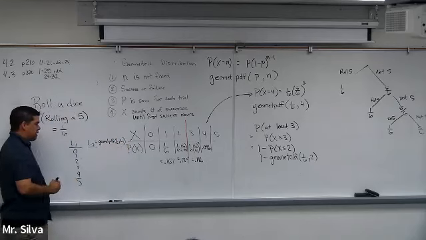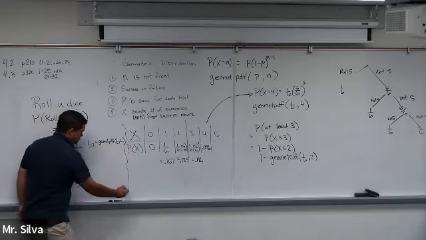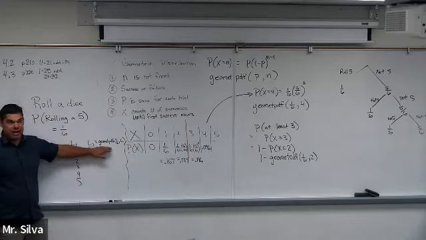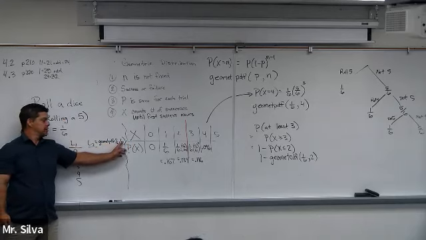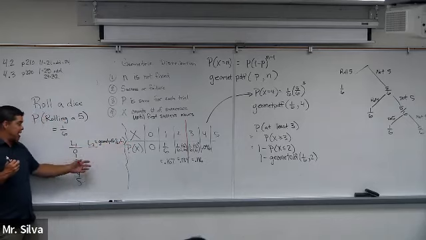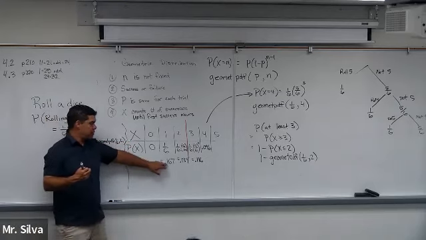Sorry, I wrote that really small there. So it says Geometpdf. P is 1/6. N was actually X. All my X values are in list 1. If I do that in my calculator, this list will get populated with all of those numbers.